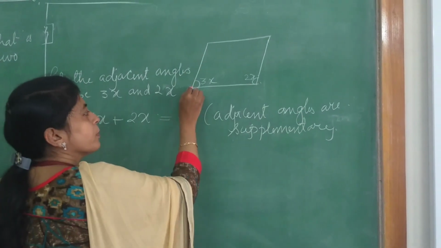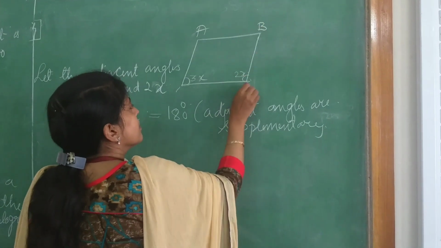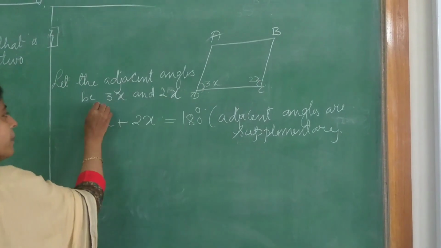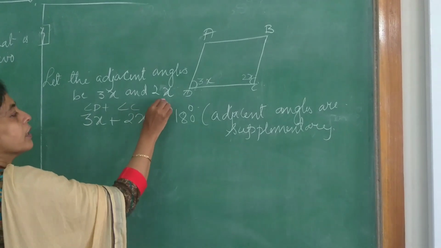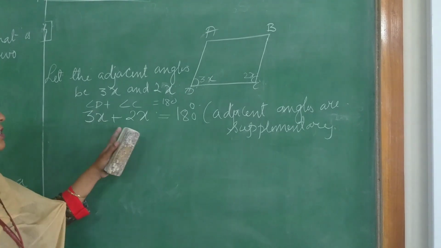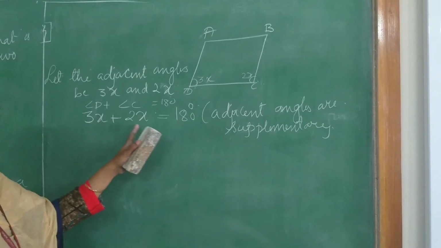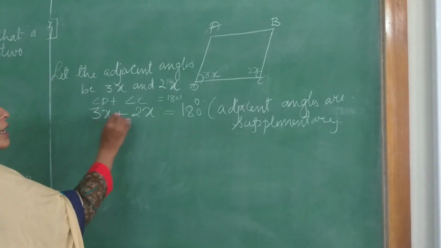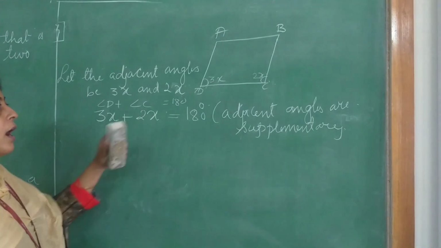Or we can name this A, B, C and D. Then you can take angle B plus angle C is equal to 180 degrees, and substitute either way. So 3x plus 2x is equal to 180 degrees because adjacent angles are supplementary.